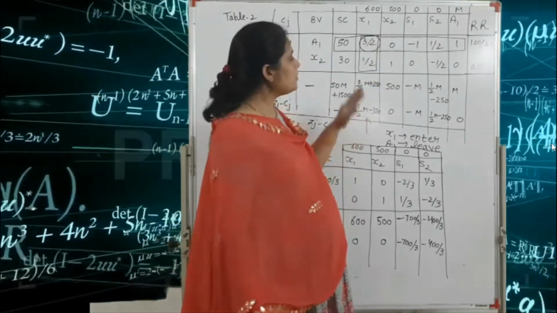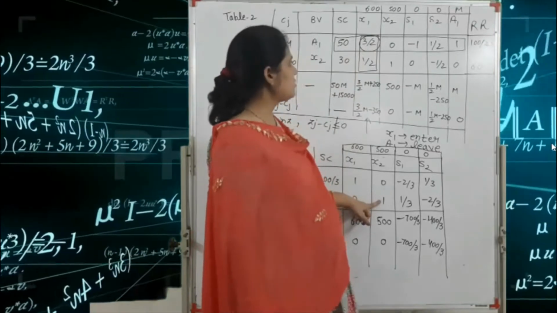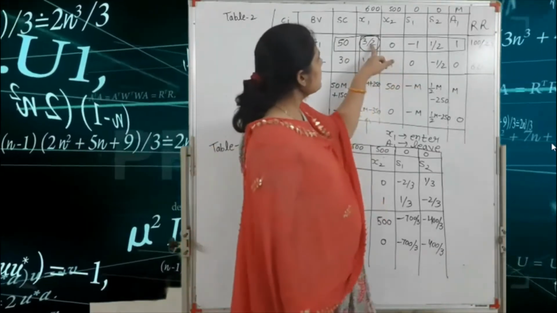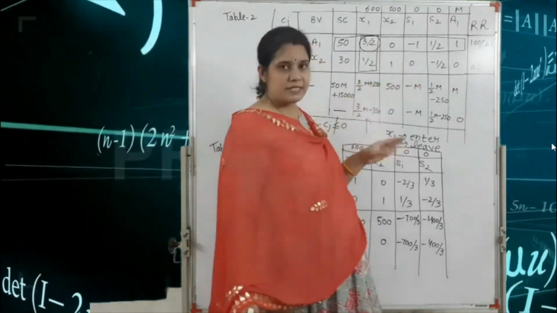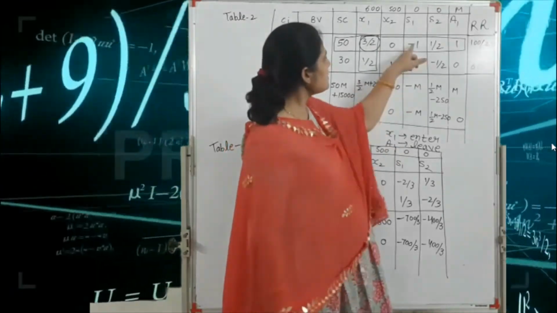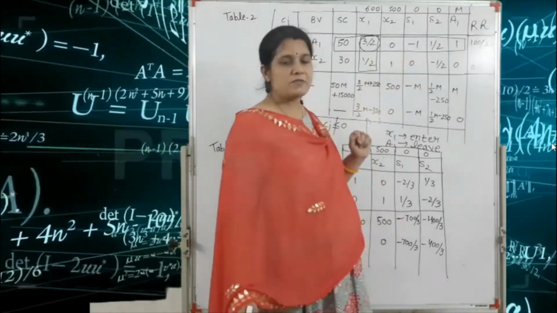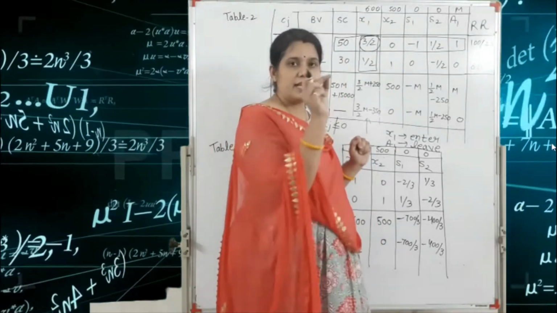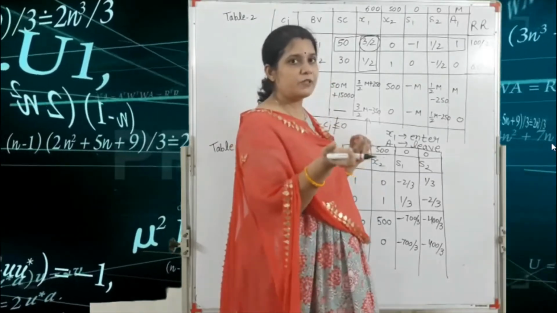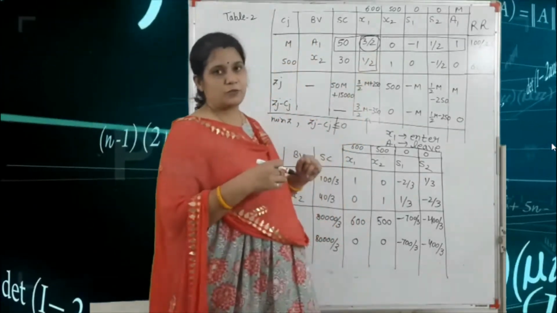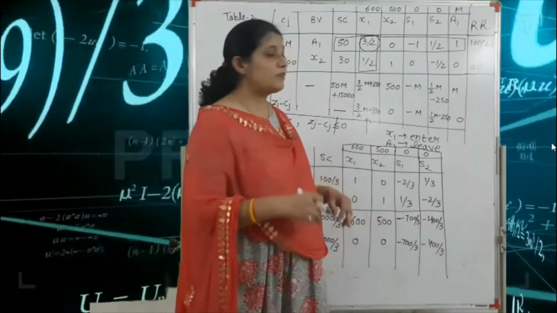So 3 by 2 divided by 3 by 2 is 1. Next one, 3 by 2 into 0 is 0, minus 1 into 1 by 2, so minus 1 by 2, and already with the minus sign, so plus 1 by 2, divided by 3 by 2. So we write plus 1 by 3.